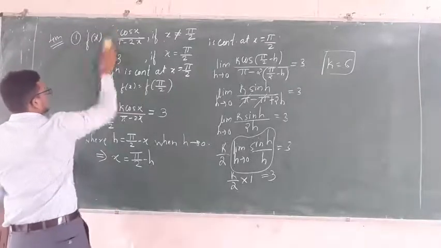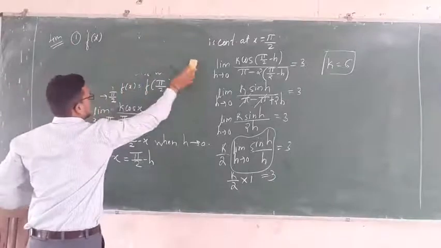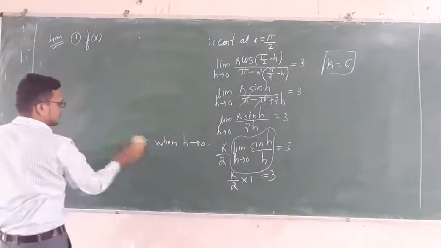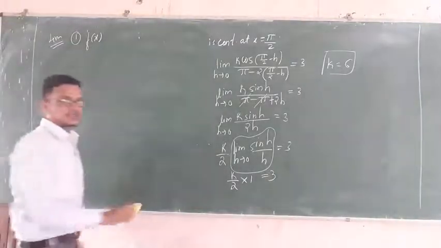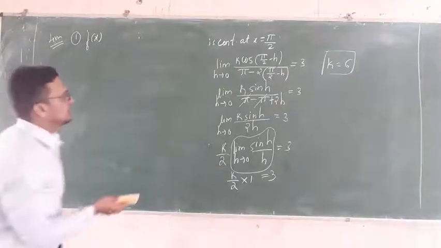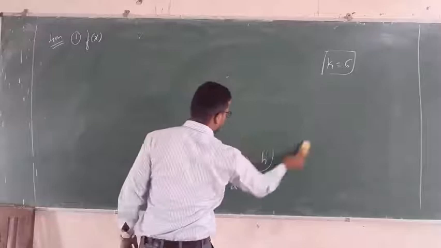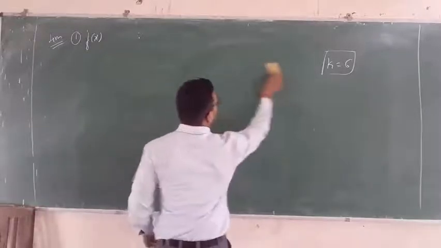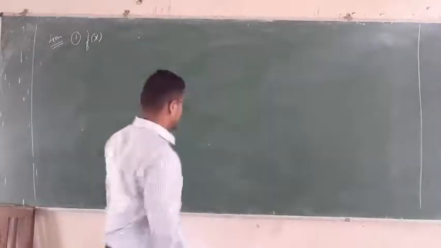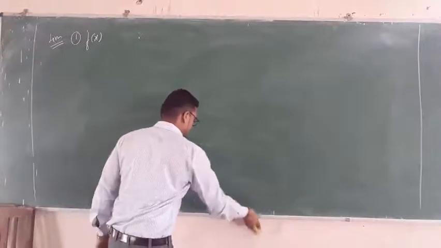In that example also it is the same, that they will give the function and that is continuous at one particular point. Then you have to find out the value of k. You have to find out the value of k. So let us take that next question.